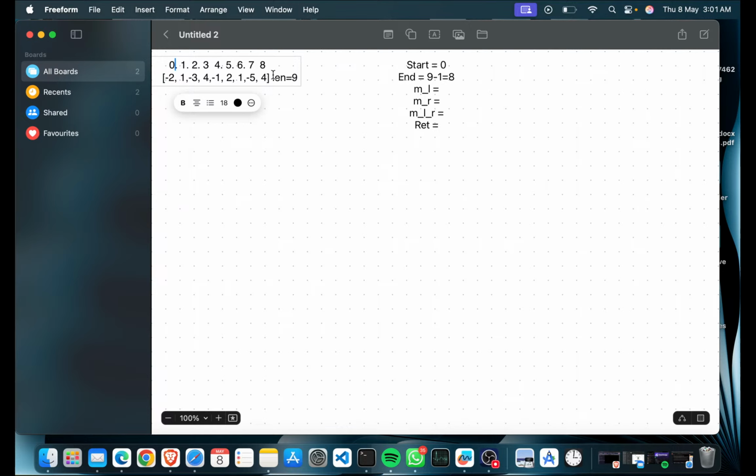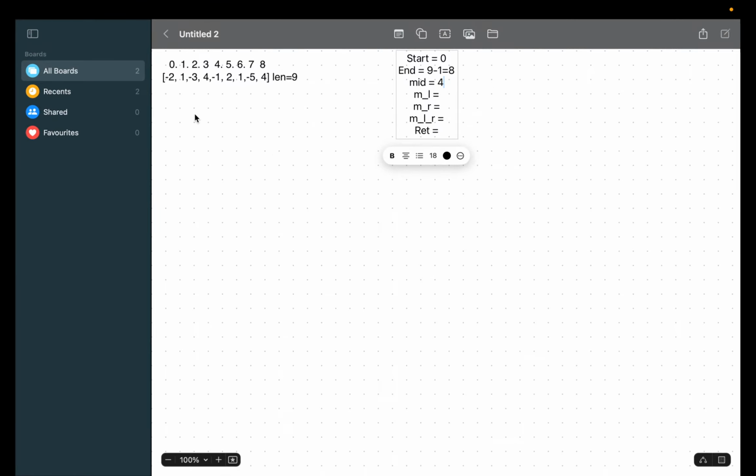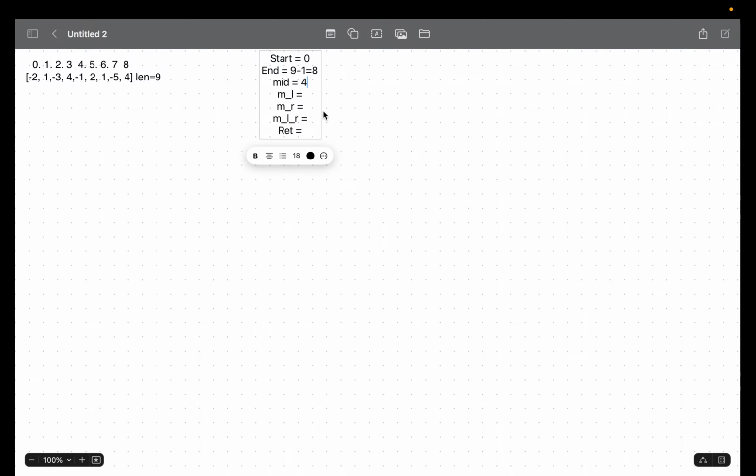Okay, so now I am at start, end. Yeah, mid. How did I forget mid? Mid should be equal to 4. This will take too much time, and I don't have this much time, bro.